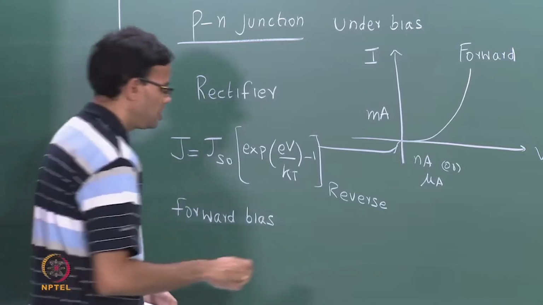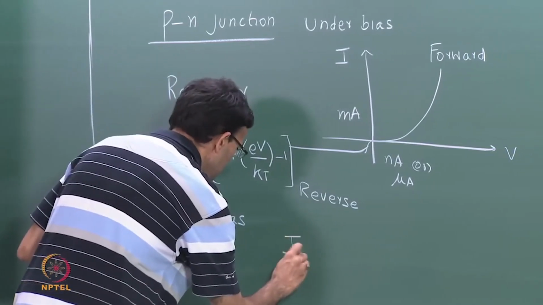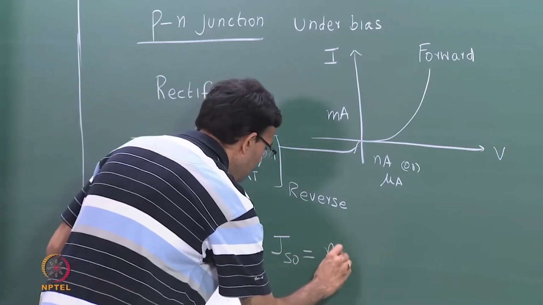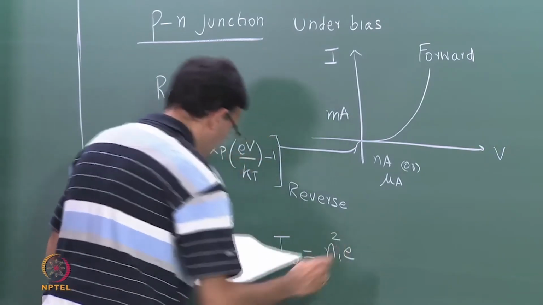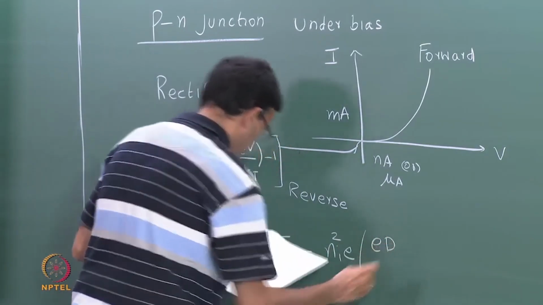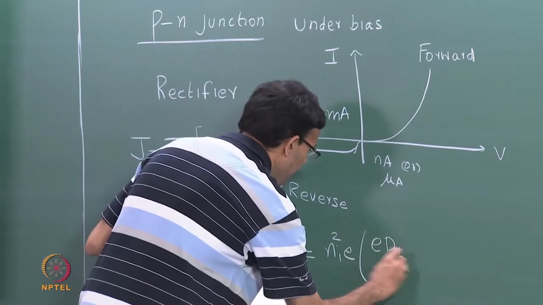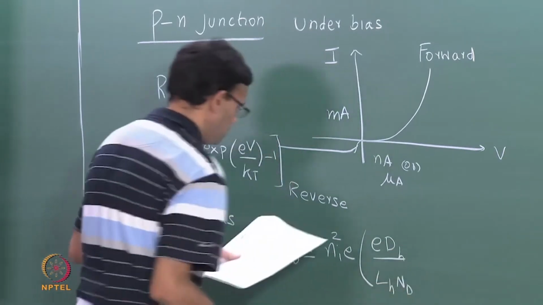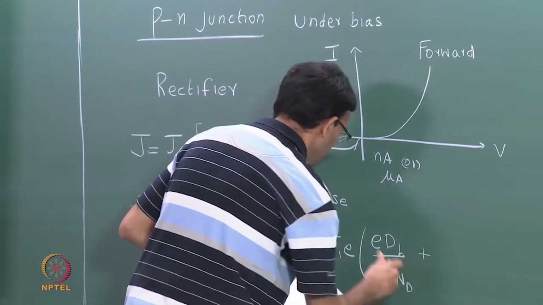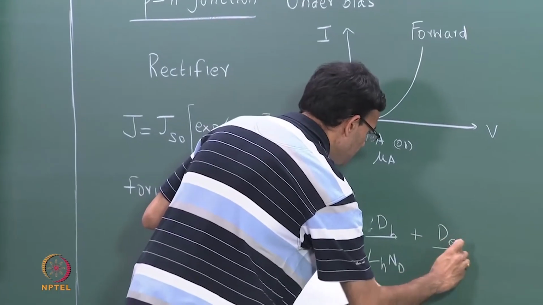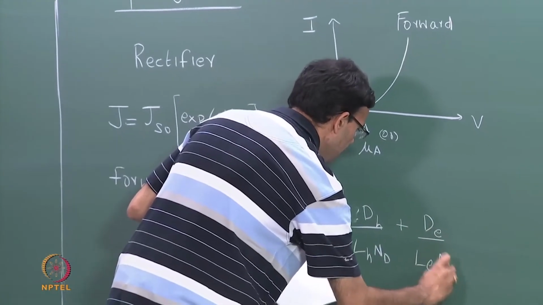Js naught is the reverse saturation current, which is equal to Ni square over e, times e dH over LH ND, plus dE over LE NA.